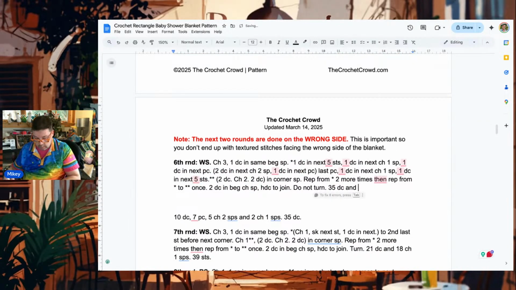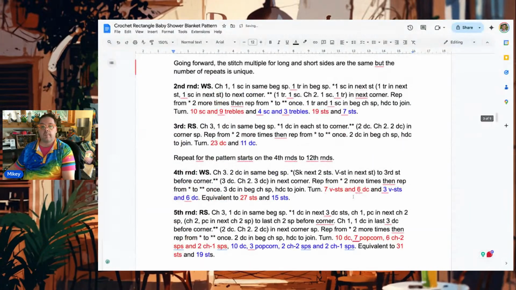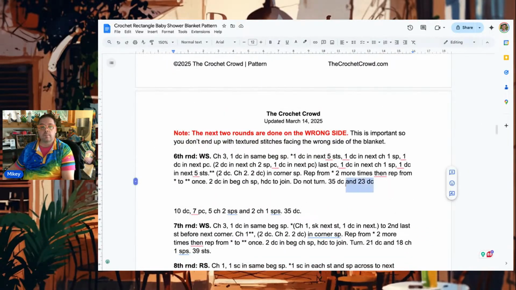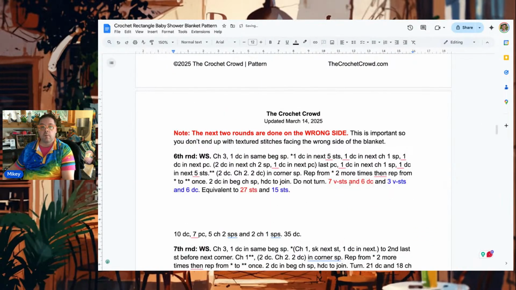35 DC, so 6th round, 35 DC, 23 DC. How did I do it before? I'm just going to copy that over. 35 DC, 23 DC, and the V stitches, if there was an extra 10, I remember that already.